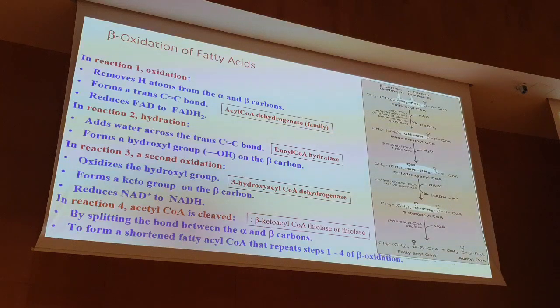Well, each fatty acid or length of fatty acid has its own acyl-CoA dehydrogenase. So I have a C16 acyl-CoA dehydrogenase. Are you with me? And that will work only on fatty acids that have 16 carbons.